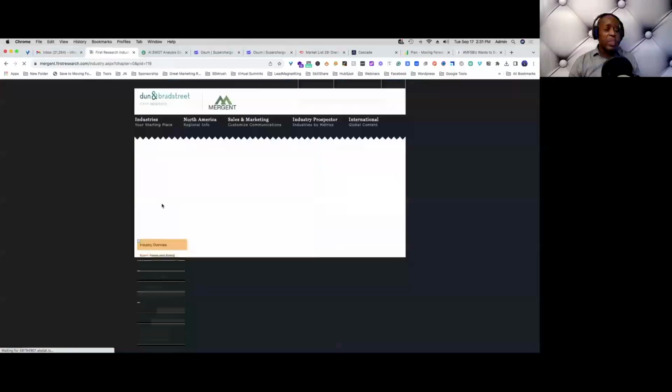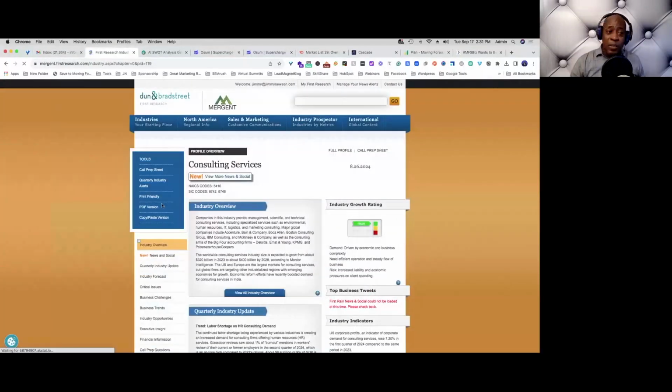You need to leverage external data. You might even go to Google and search industry trend PDF and then put in your industry and see what comes up, because somebody's probably already done an industry report. And make sure you put PDF, because you want to get a real report. You don't want a web page. You want a report that's going to be 20, 30 pages long, because it's going to have real data in it.